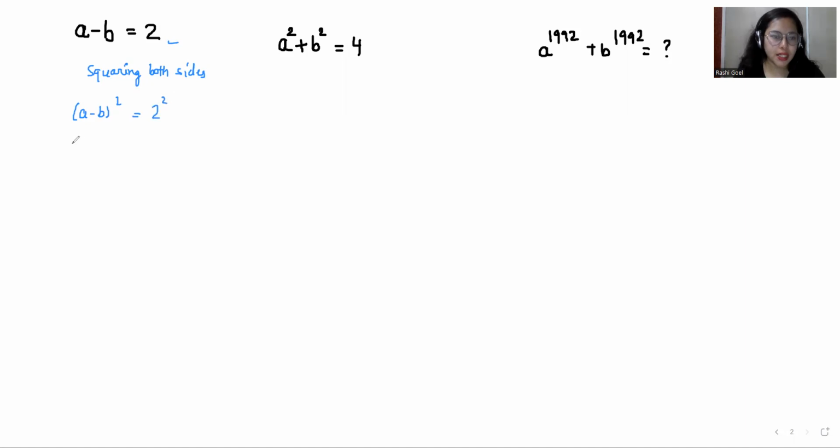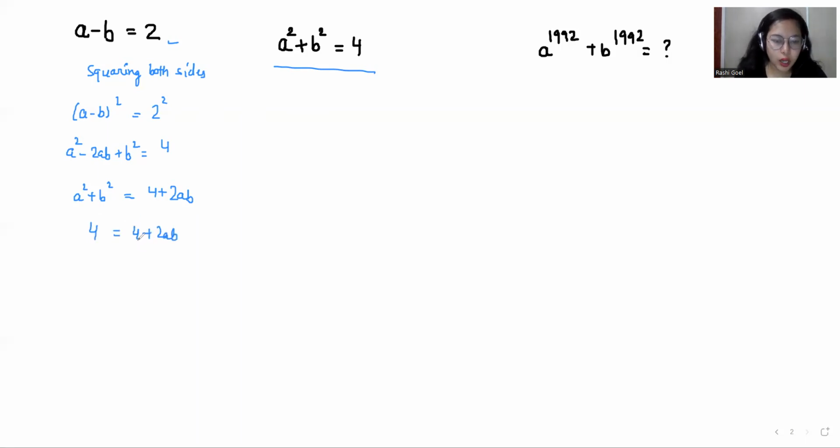We know the famous identity: a minus b whole square is a square minus 2ab plus b square, which equals 4. So a square plus b square is equal to 4 plus 2ab. And they also gave us that a square plus b square is equal to 4. So in place of a square plus b square, I can write 4. So 4 equals 4 plus 2ab.